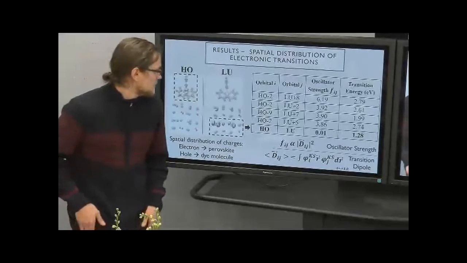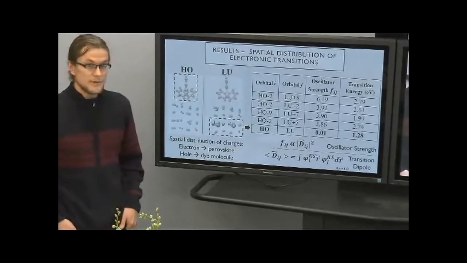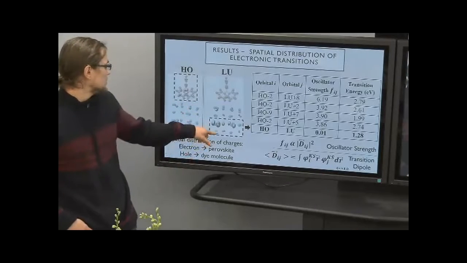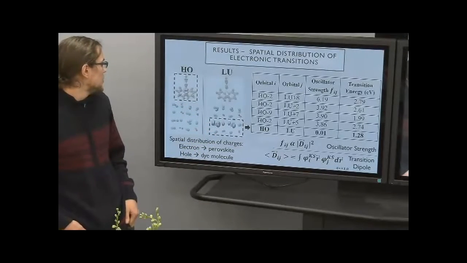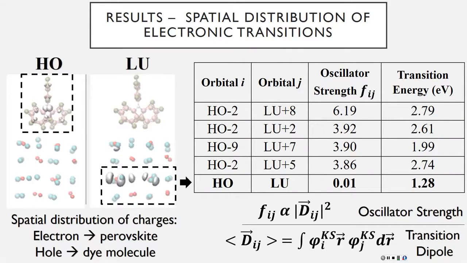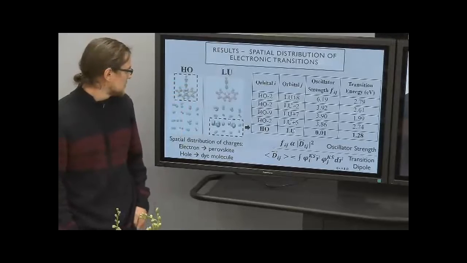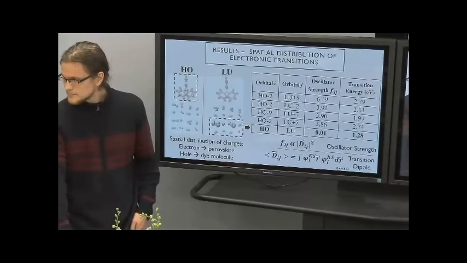But if we look at states that do produce spatial separation of charges, like our HOMO-LUMO state here, where the electron would reside on the perovskite and the hole would reside on the HOMO, we do get charge separation there, but it has a very low probability of occurring because there's not much spatial overlap between the orbitals. They're on different sides of the materials, basically.